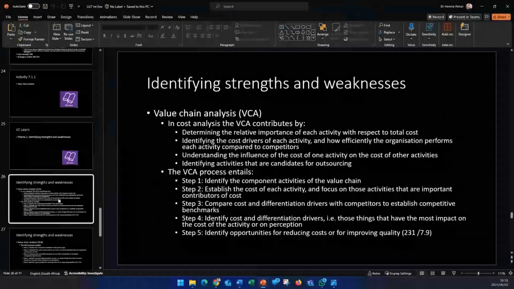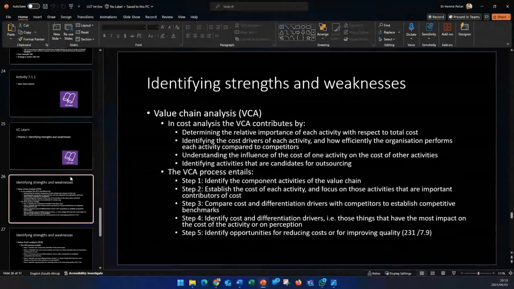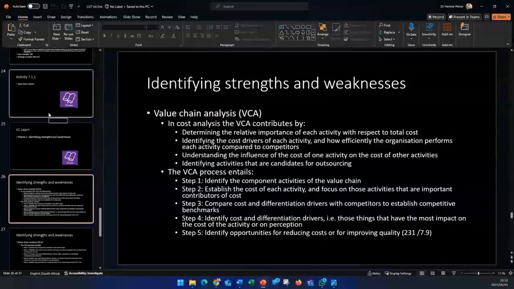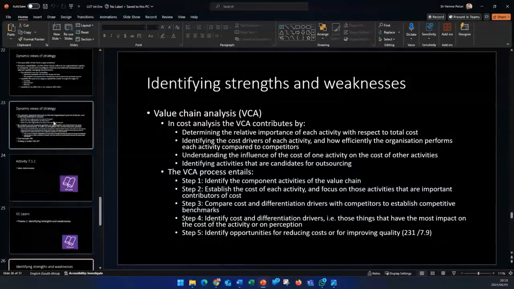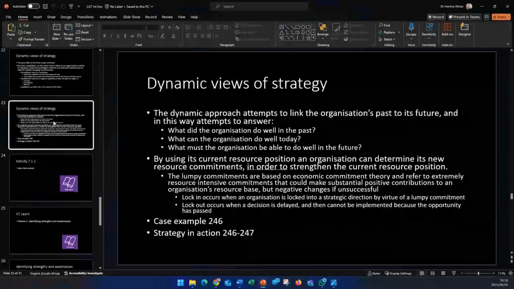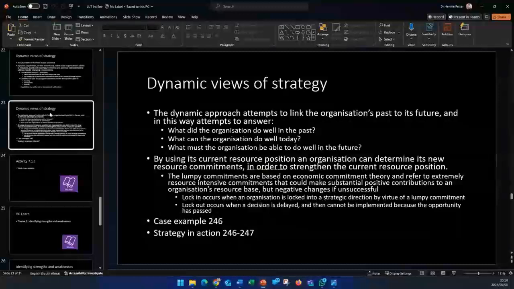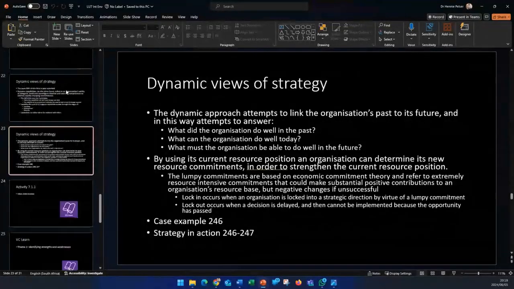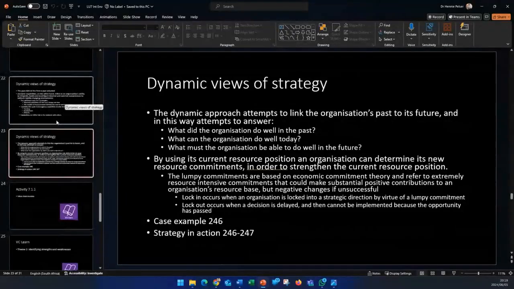We haven't seen a value chain analysis. Have you seen one recently? No, I haven't seen a value chain analysis. And the truth is they should be doing value chain analysis questions in supply chain, not here. It's so difficult, guys.